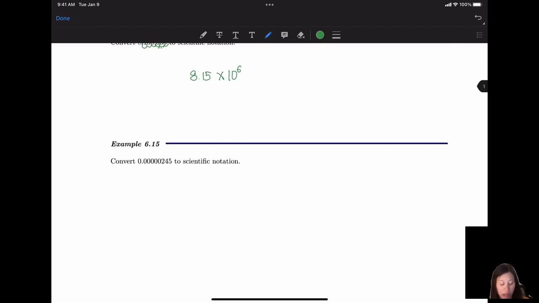Another example is that we try to convert this number to scientific notation. Now we move the decimal from the left to the right. That means the exponent is going to be negative. So let's count: 1, 2, 3, 4, 5, 6. We stop here. So we have 2.45 times 10 to the negative 6.